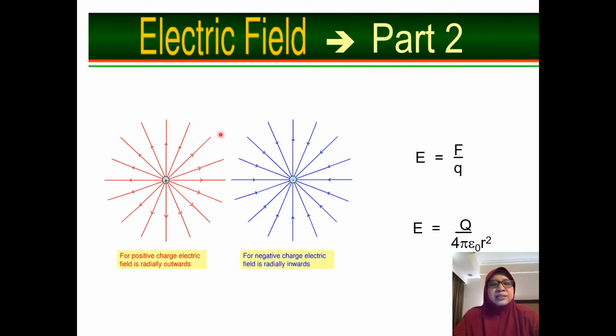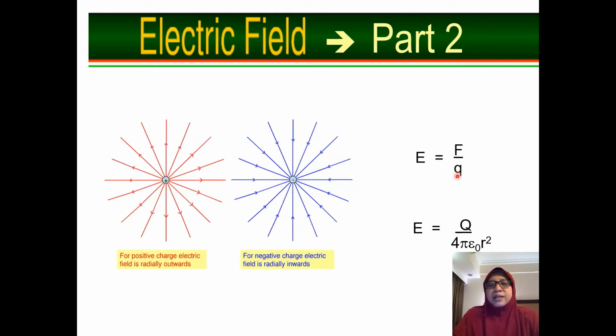So we have discussed in the previous video, electric field part 1, about the field for a positive point charge: the electric field pattern is radially outward, whereas for the negative point charge, the electric field pattern is radially inward.